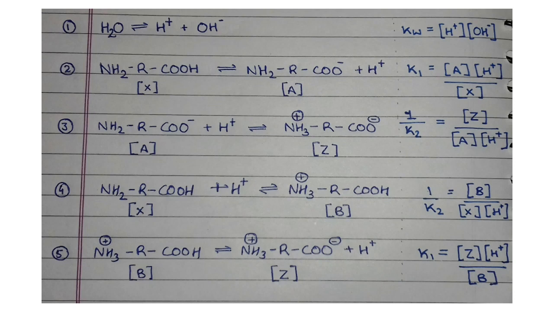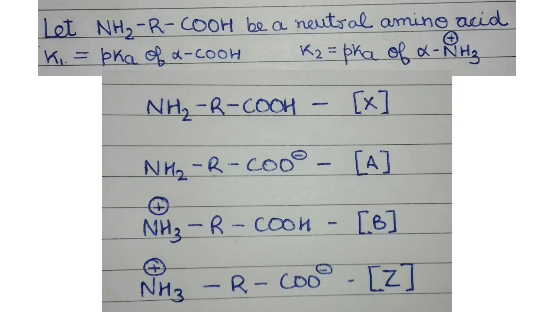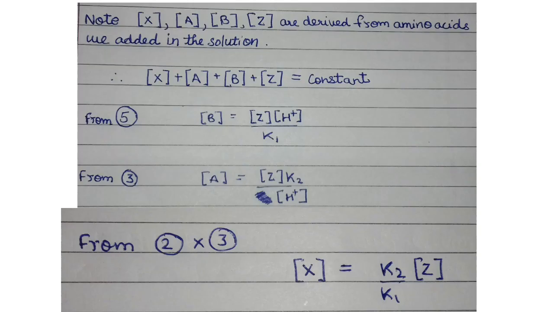Now I have told you that the amino acid will exist in four forms, and the distribution between these four forms will depend upon the pH. But their sum will be equal to the initial moles which we added. Therefore the concentration of X plus B plus A plus Z is equal to a constant.